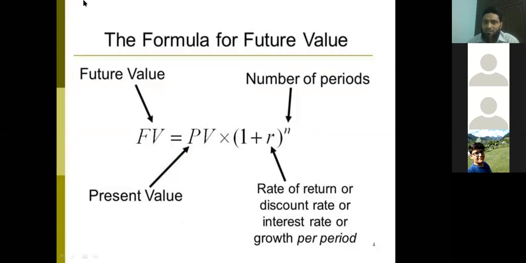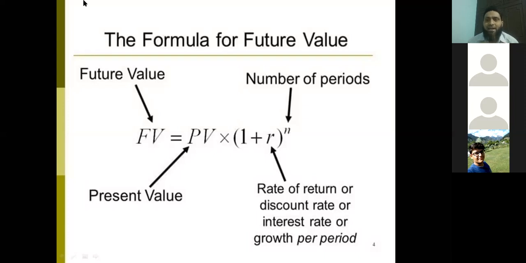You write 2000 rupees in place of PV into 1 plus R, suppose 10%, 10 upon 100. 100 rupees given to you now, easily 10% you can earn. But this 10% you will be getting after 1 year.